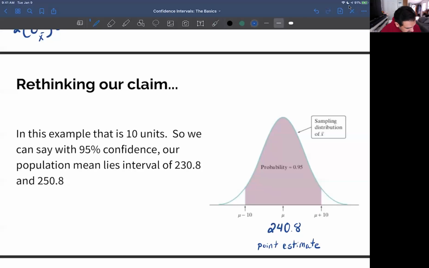So subtracting 10, we're at 230.8. Adding 10, we're at 250.8.